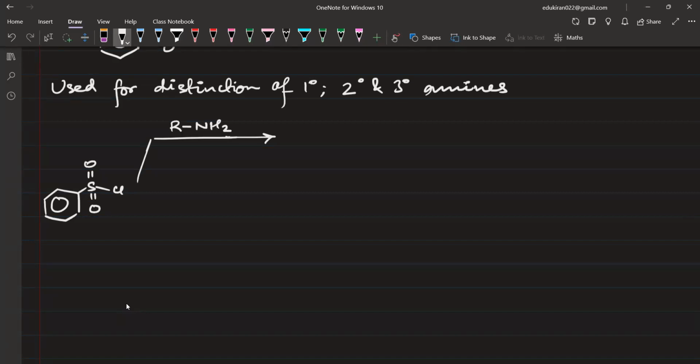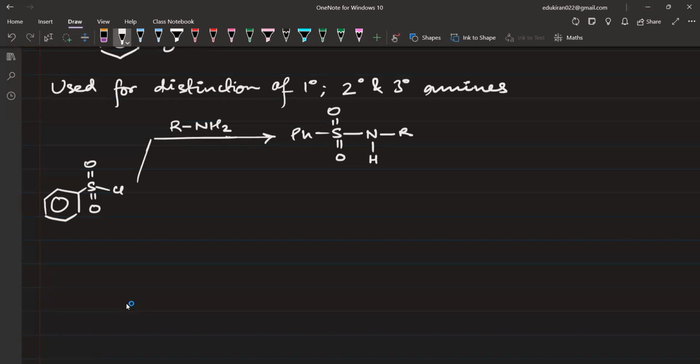So one hydrogen from the amine and one chlorine from the sulfonyl chloride will make HCl. There will be a bond between nitrogen and sulfur. So the benzene ring, I'm writing that as Ph, is bonded with sulfur, doubly bonded with oxygen as it is. Now it has a new bond with nitrogen, from which one hydrogen has been removed. So there is one hydrogen remaining and the alkyl group is as it is.